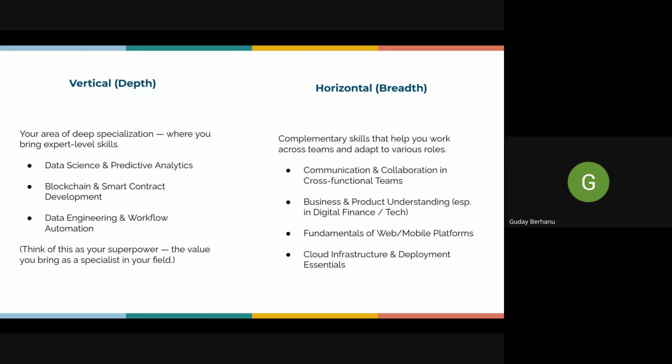For example, if you're a front-end engineer, then that's your vertical part. And when it comes to the horizontal part, which is the breadth, it's those skills that complement other skills or that can help you work across teams.